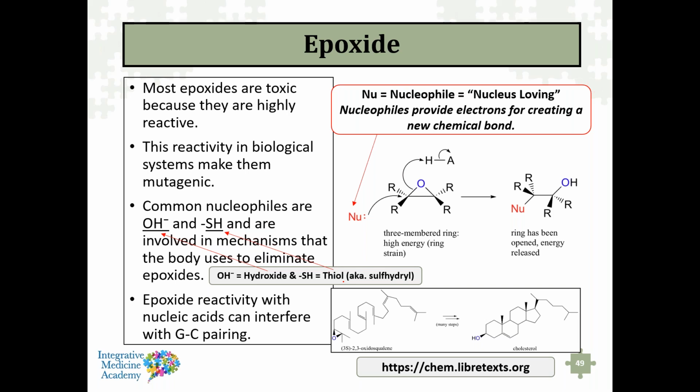So glutathione has sulfur compounds that act as a nucleophile, meaning they donate an electron to provide a new chemical bond. In the context of a toxin, a thiol from glutathione will attack the epoxide triangular structure here, open it up, and then render that particular toxin neutralized or less toxic.